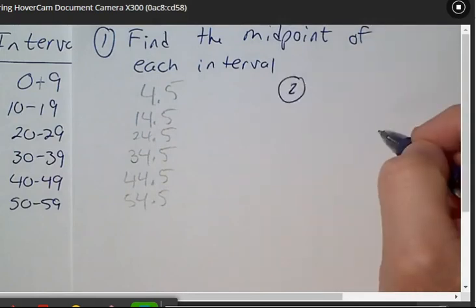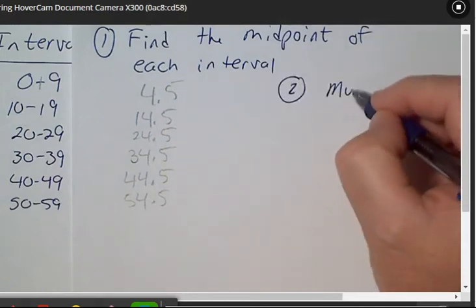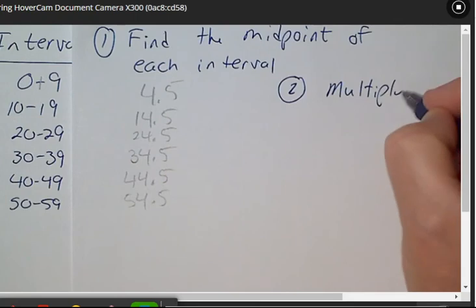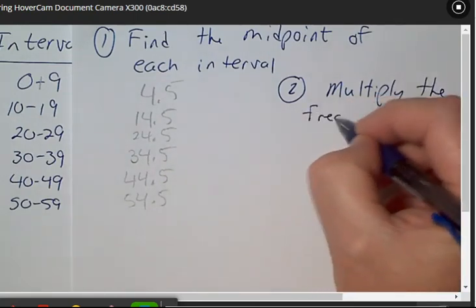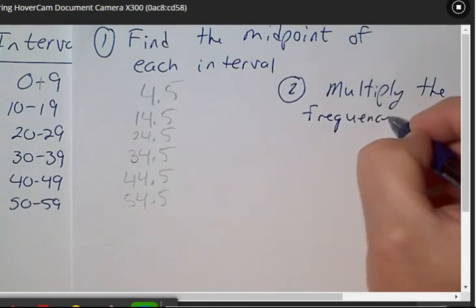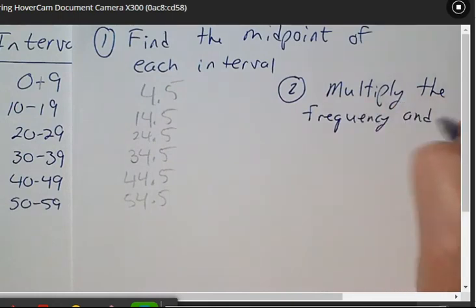Okay, and then the second thing you're going to do is multiply the frequency and the midpoint.